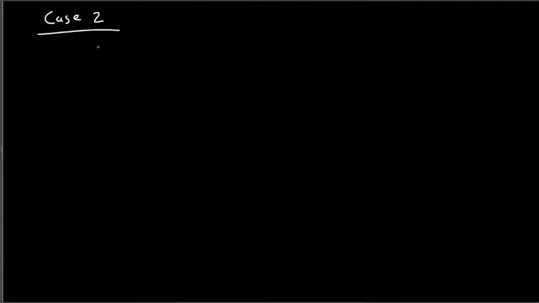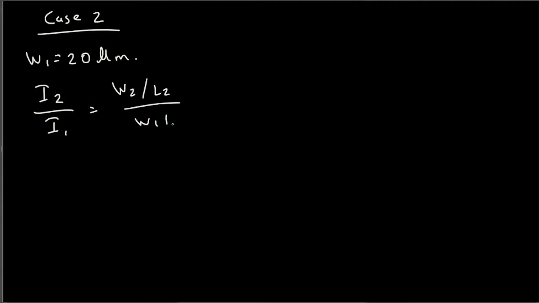Now we are assuming W1 is equal to 20 micrometer. Exact same equation, I2 over I1 is equal to W2 over L2 over W1 over L1, and we know the lengths are equal, so length cancels and we end up getting W2 over W1.